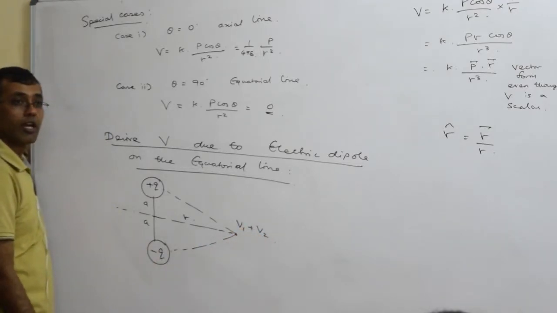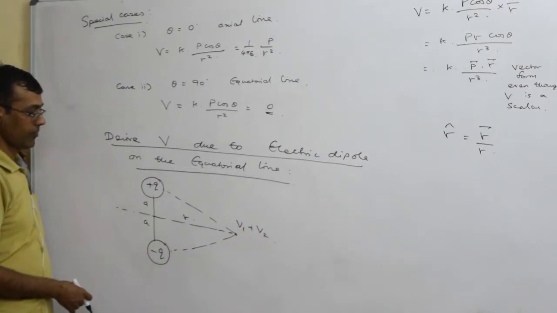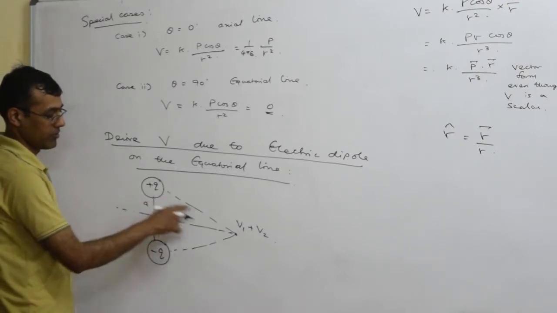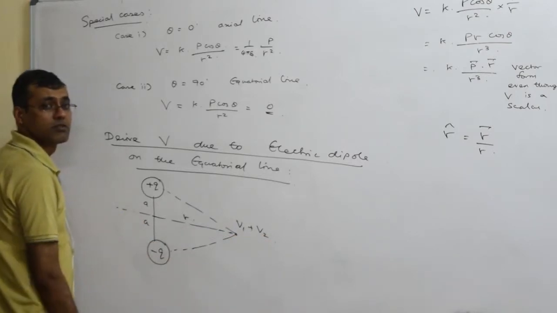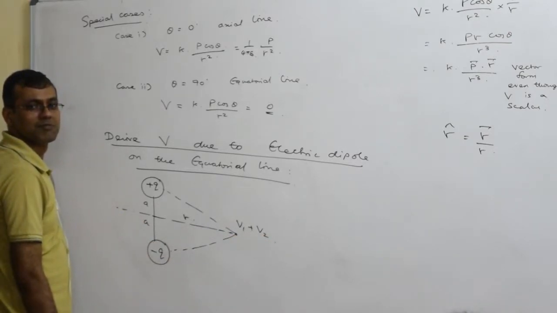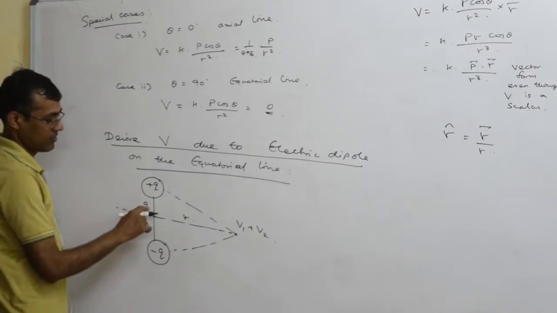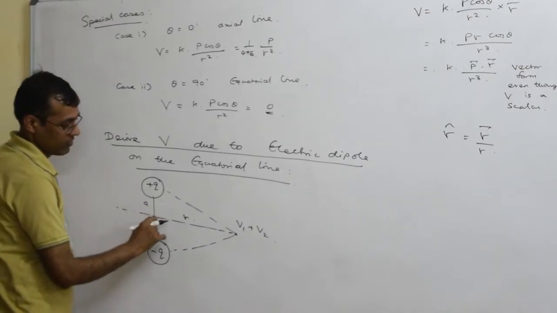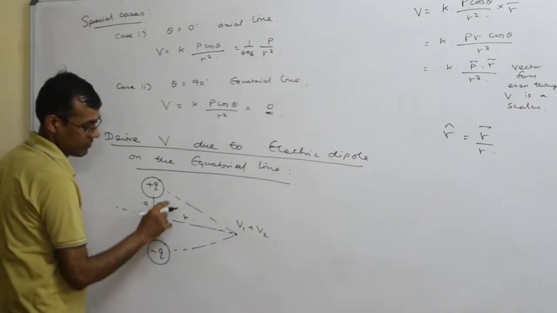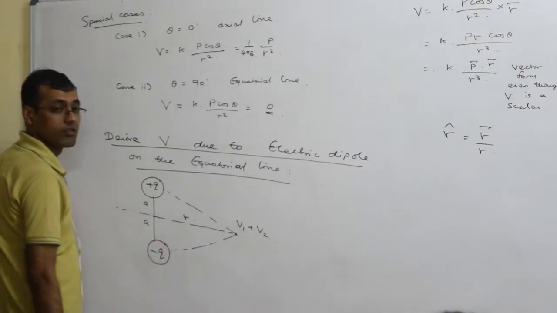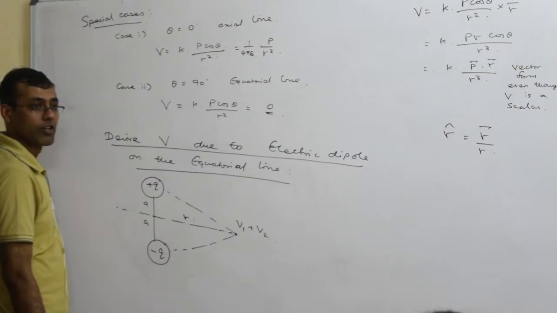What is V1 here? Can you do it yourself? What triangle will this be at any point? Isosceles, right? Because this and this are equal. So this is a point here, which means this angle and this angle will be the same. So it's isosceles.